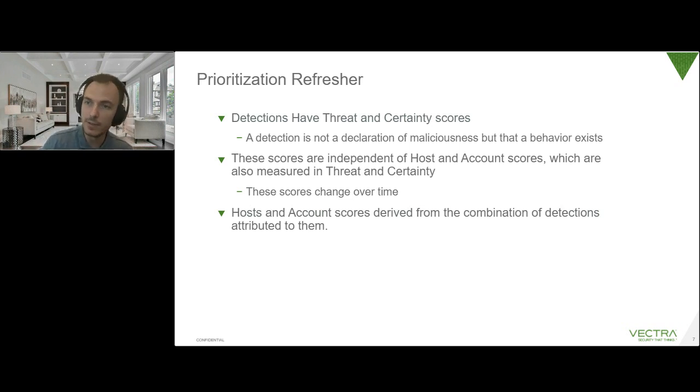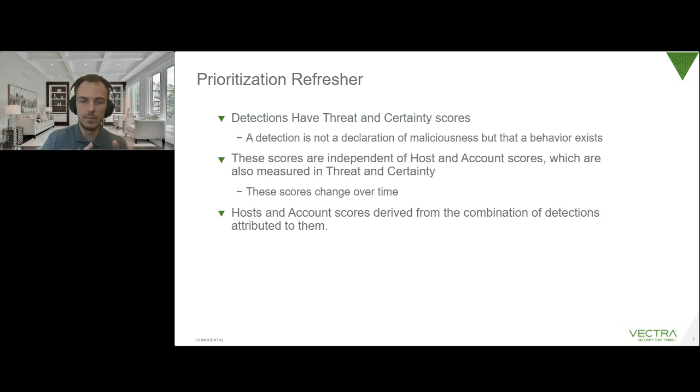The hosts and the accounts themselves also have threat uncertainty scores, okay? So these will change over time dependent on the models that have fired and the behaviors that we see. And we'll talk a little bit more about that. But it's important to recognize that these scores are independent of the detection scores. So it is not additive or anything like that, where if you have, let's say, 3 detections that are 20 threat, 20 certainty, you're not going to have a host or account score of 60-60, right?